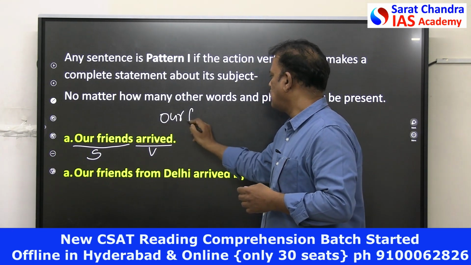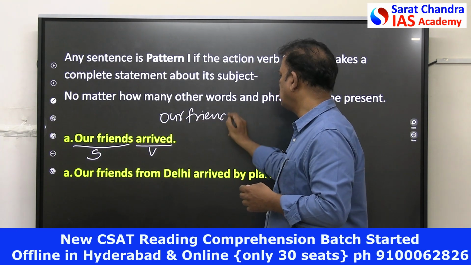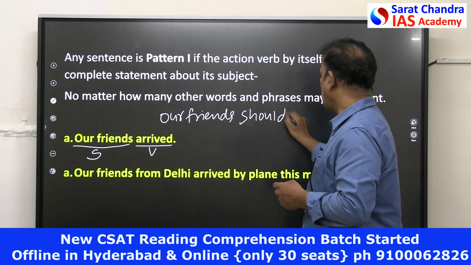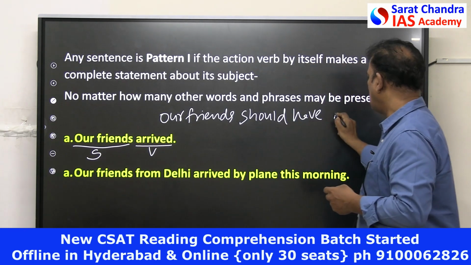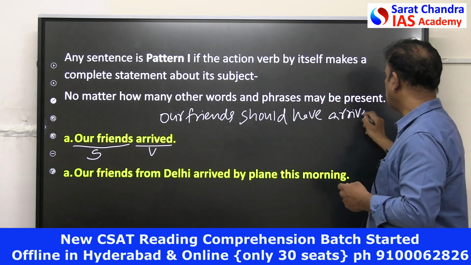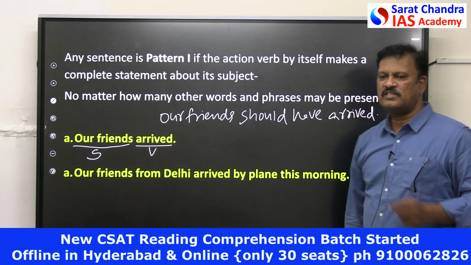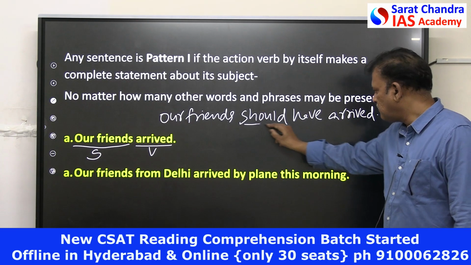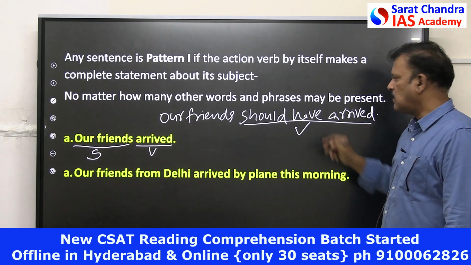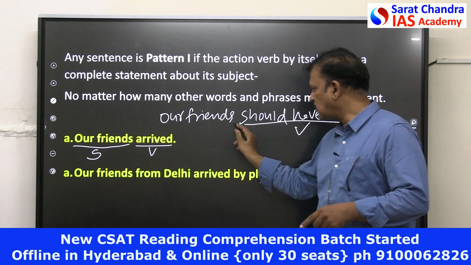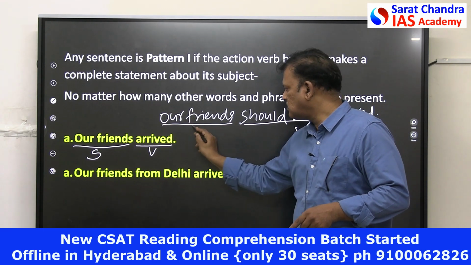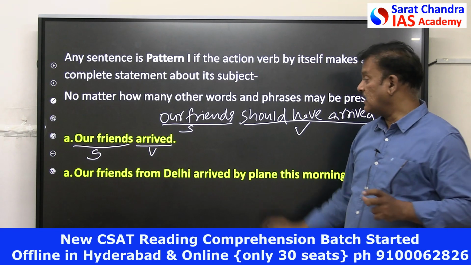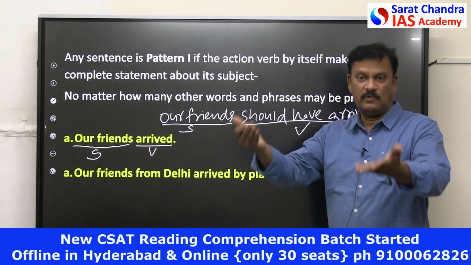Our friends should have arrived. Where is the verb and how many words are there in the verb? 1, 2, 3. And where is the subject and how many words? 2. It's not about the number of words, it's about units, how I divide this.